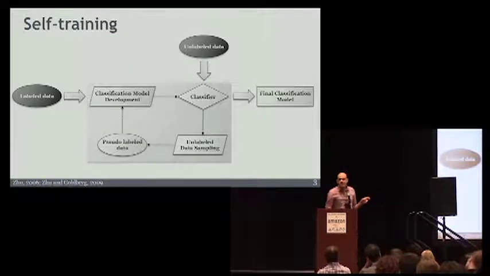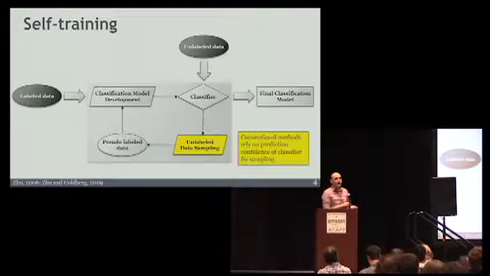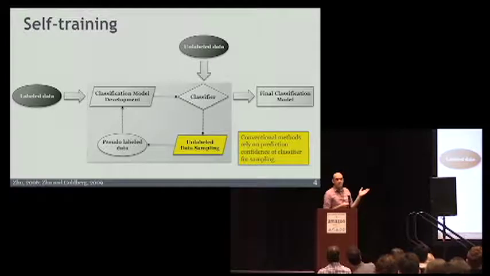In self-training, we often have a small amount of labeled data and a large amount of unlabeled data. At every self-training episode, we train a classifier using the current training data, and we sample a set of unlabeled instances from the unlabeled data and add them to the training data. This process repeats until there is no unlabeled data left, or there is no improvement on the classifier on validation data.